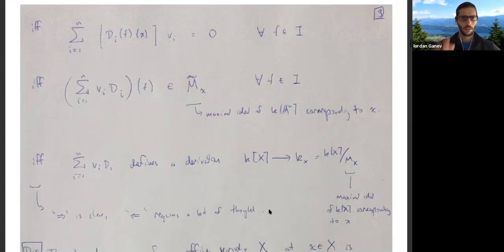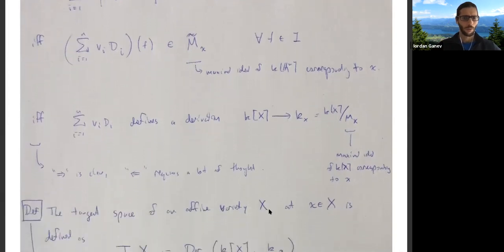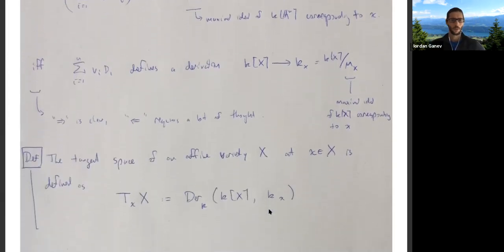Well, this is just a heuristic, but it motivates the following definition. The tangent space of an affine variety X at little x is defined as the space of k-derivations from the affine algebra of X to the one-dimensional module k_x.